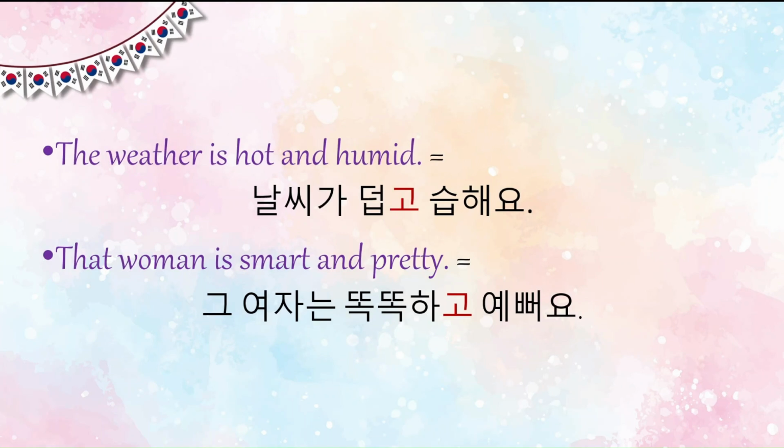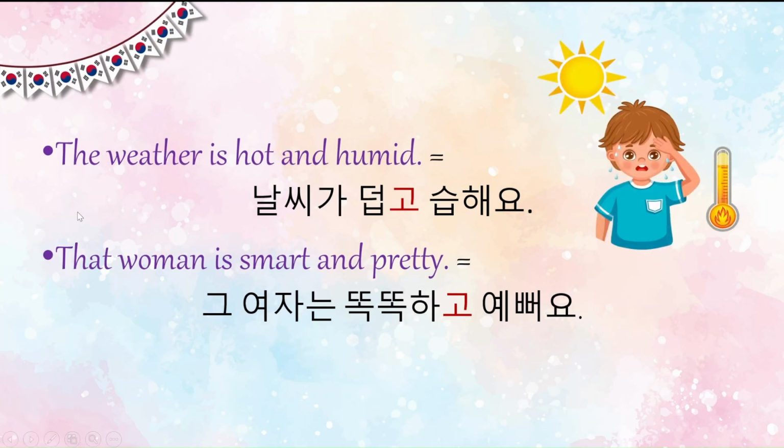Look at these examples. The weather is hot and humid. Now, here, think of this sentence as a combination of two sentences. You can say the weather is hot, the weather is humid. Now, what you did is you combined these two sentences into one: hot and humid.